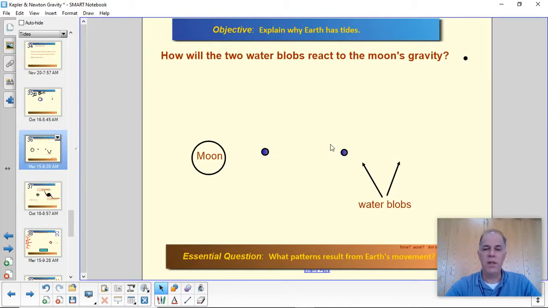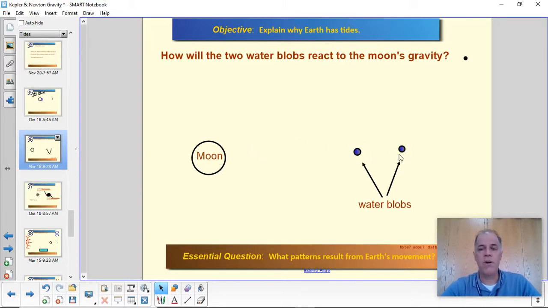In other words, will the close blob race ahead of the more distant blob as they fall in? So think about that for just a moment, okay? All right, the answer is that they get farther apart. As they fall in, the close one accelerates more than the distant one. The reason for this, as you know, is that the force of gravity depends largely on distance.